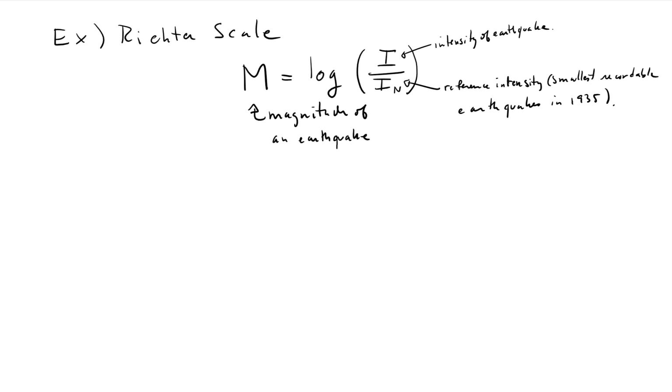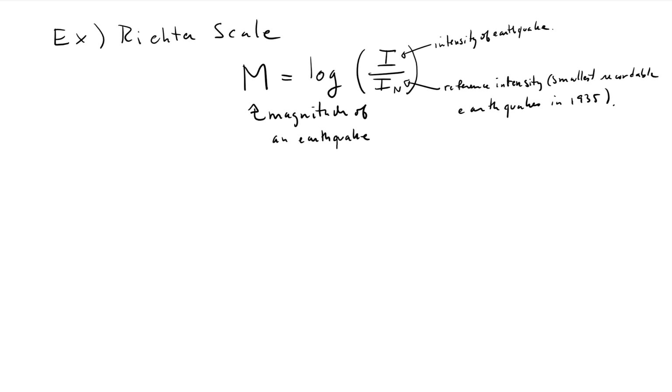In general, for magnitudes of earthquakes between 1 and 3, they're generally not felt. The largest earthquake ever recorded had a magnitude of 8.6, and it was recorded in Chile in 1960.